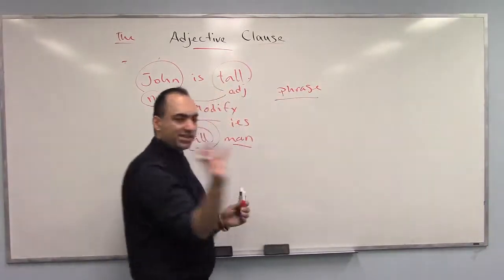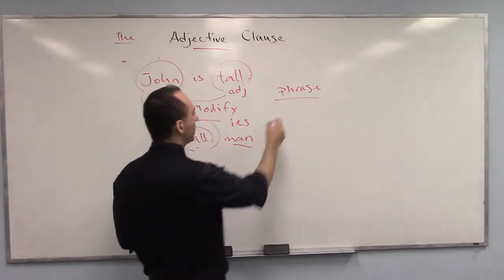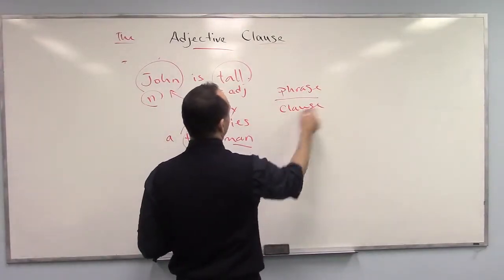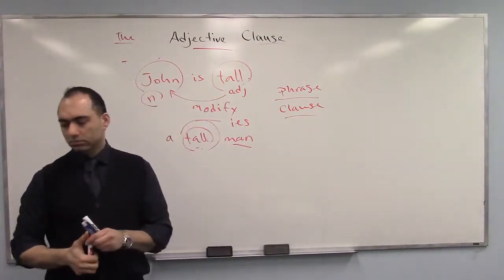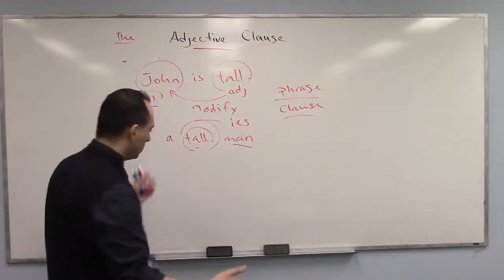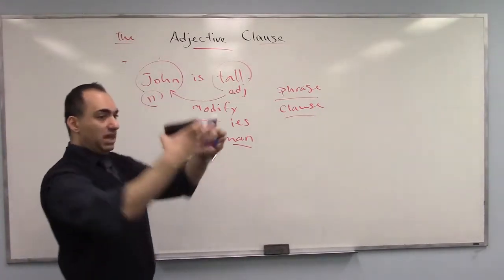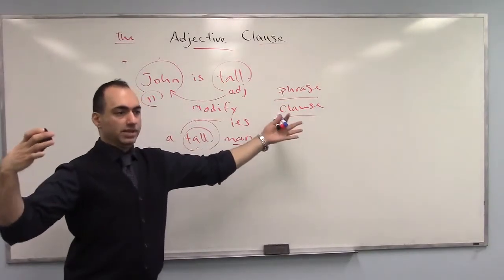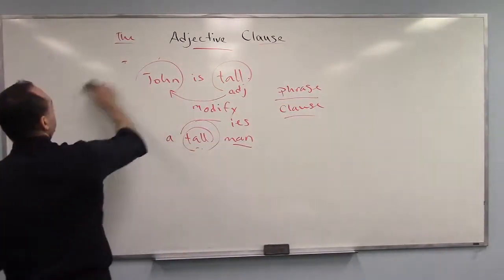If we have a sentence, like subject verb, that's an adjective clause. Yeah, that's it, simple as that. Now, because it's within a larger body, that's a clause. It's not a sentence.